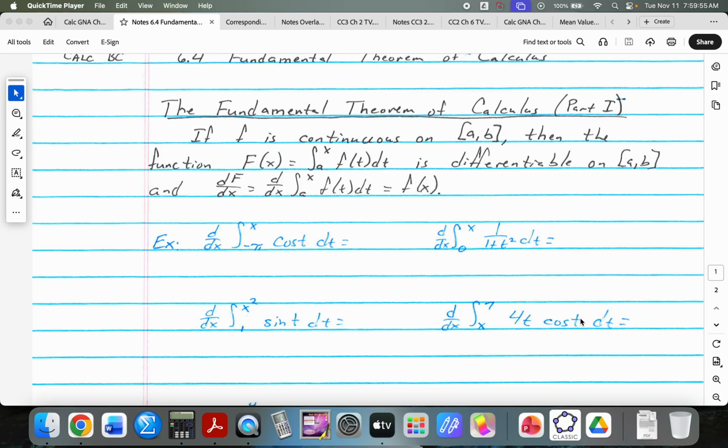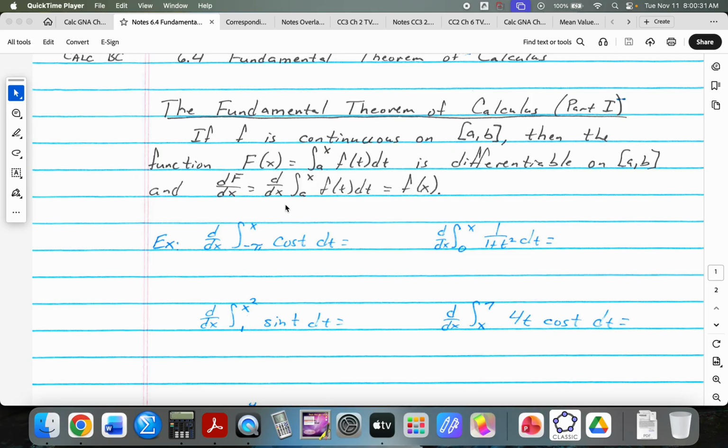You must say that it meets those minimum requirements. It's got to be continuous. That's the only requirement on this one. Then the function capital F of x, which is the integral from a to x of f of t dt, is differentiable on the closed interval from a to b. And the derivative of capital F with respect to x is the derivative with respect to x of the integral from a to x of f of t dt, which is f of x.